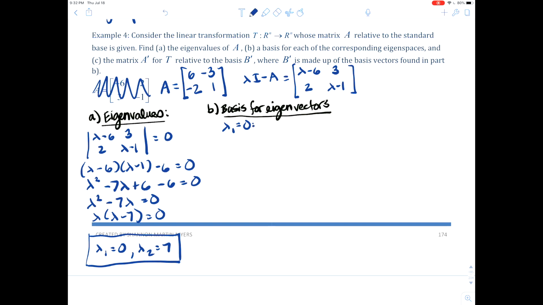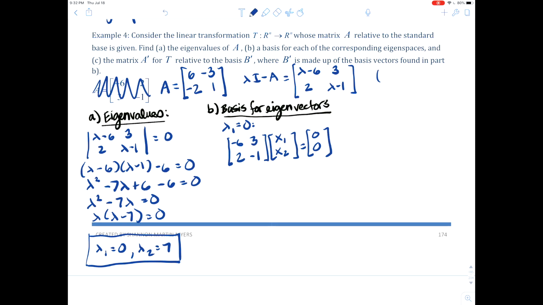Well, when I plug in 0 for lambda in this matrix here, I will get negative 6 and negative 1 along that main diagonal. So I have negative 6, 3, 2, and negative 1. And then times that x vector, and that has to equal, remember, the 0 vector.